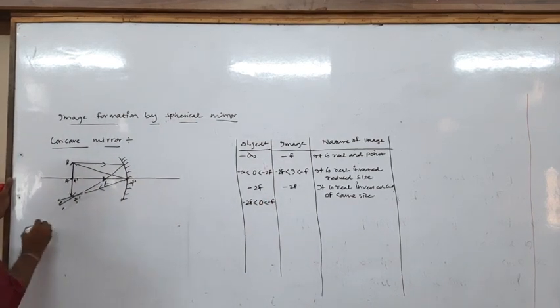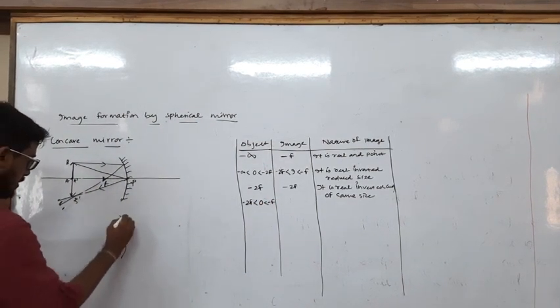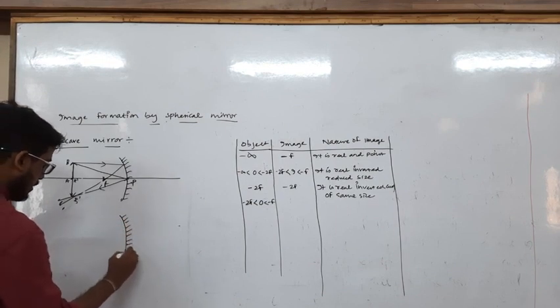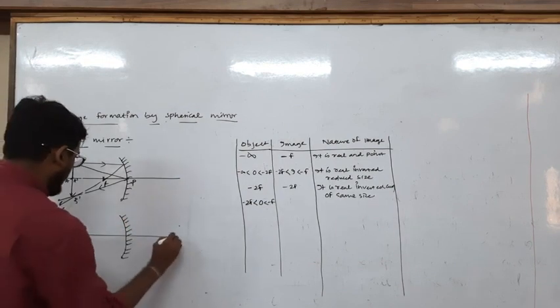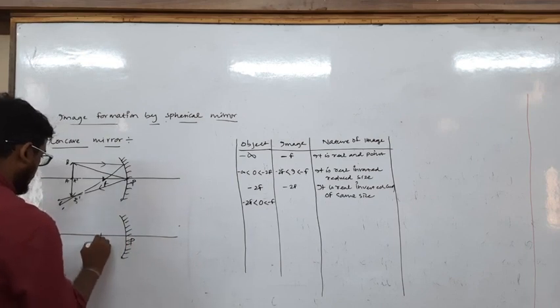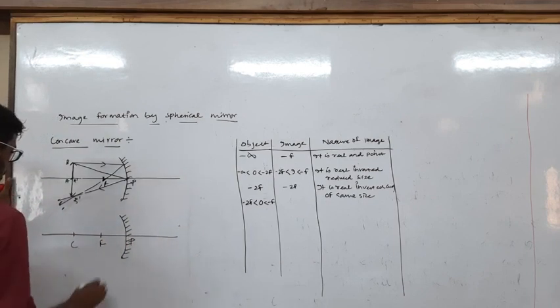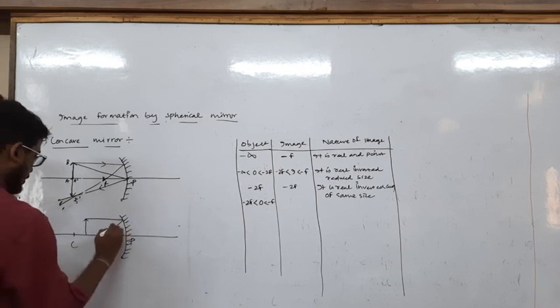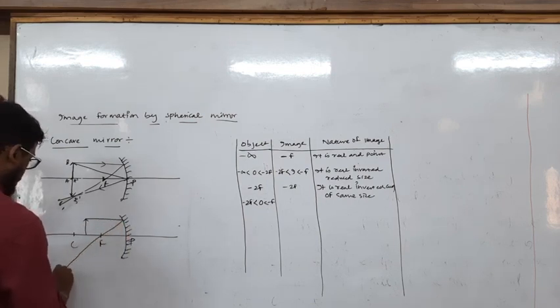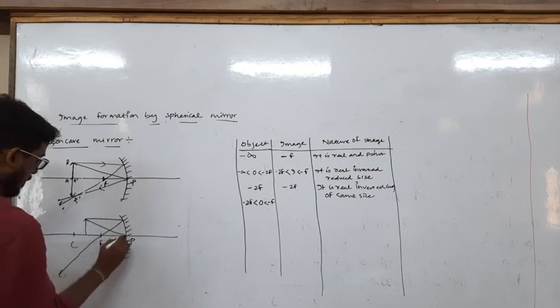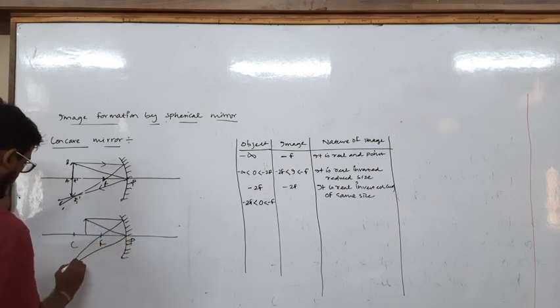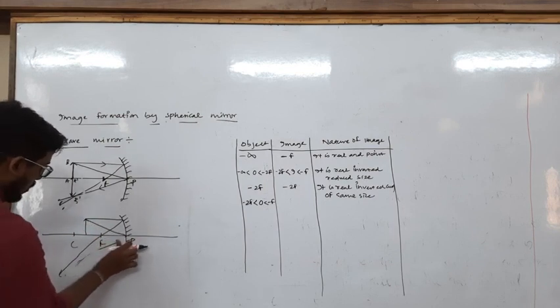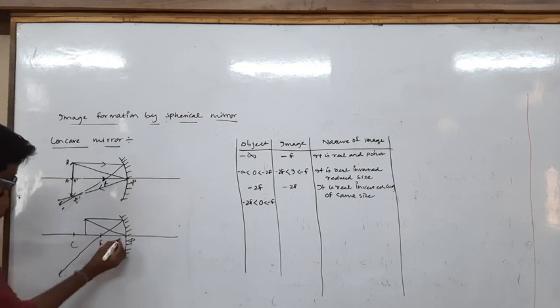So next, when the object lies between the center of curvature and focus, this is the pole, this is the focus, and this is the center of curvature. Now the image will form beyond the center of curvature.